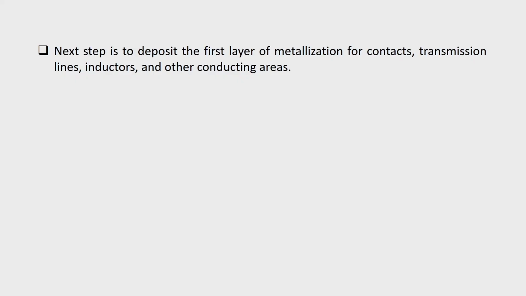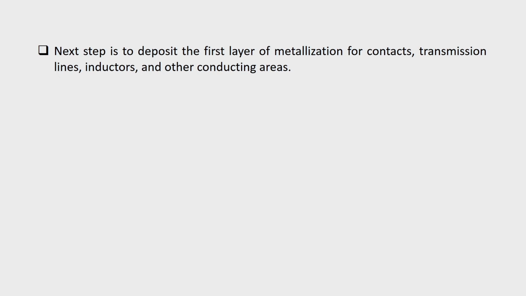So, after depositing the layers for the active elements, next step is to deposit first layer of metallization for contacts, transmission lines, inductors and other conducting areas.